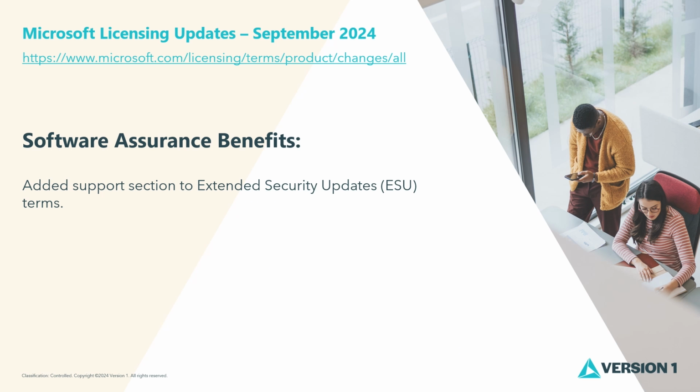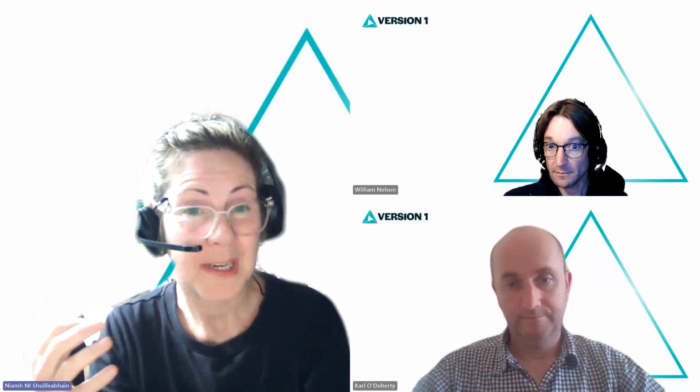So essentially, yeah, you looked at the Azure reference to ESU and the changes within, and the software assurance benefit section is pretty much the same thing, clarifying exactly what ESUs cover and what they don't from a support point of view. I can understand where there's been customer confusion, because extended security updates are not cheap.